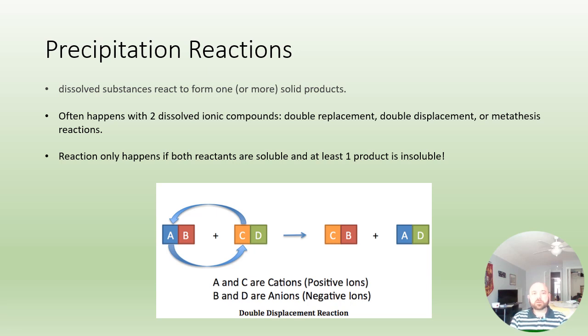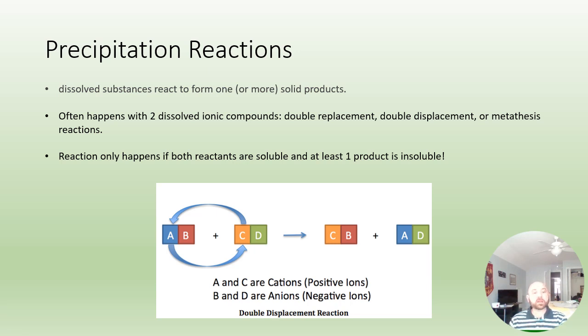So in the precipitation reaction, the cations switch places. When you dissolve these things down into water, all of the cations and anions separate from each other. And when you pour them together, they mix up and recombine. So some of the metal ions A end up bonding with anions D, and vice versa.